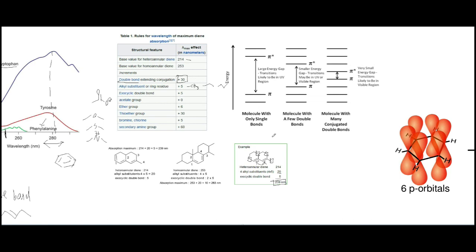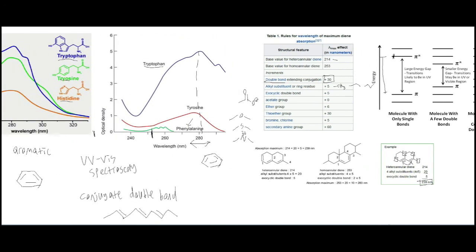And the reason for this is when we're adding these double bonds, so we see here a molecule with only single bonds, the energy difference between an electron in this state here and an electron in the excited state up here is very large. So that's higher energy, higher frequency, shorter wavelength. And so the wavelength is going to be somewhere further off in the UV here.